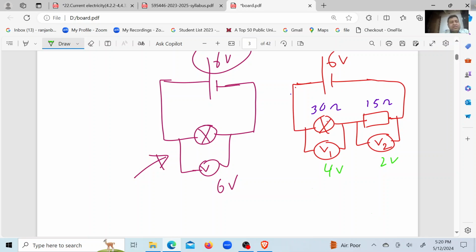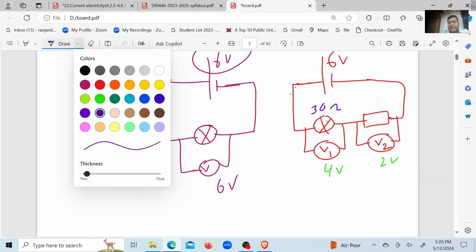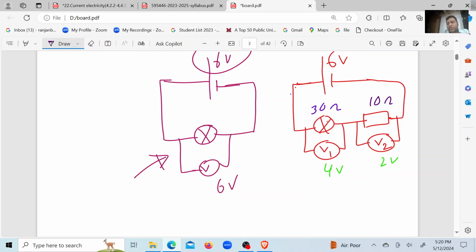This is the way. Look, if this resistance becomes 10, then the ratio is 1 is to 3. So how can you solve this? Common ratio: if it is x, then 3x plus x, 1 is to 3, equals 6.